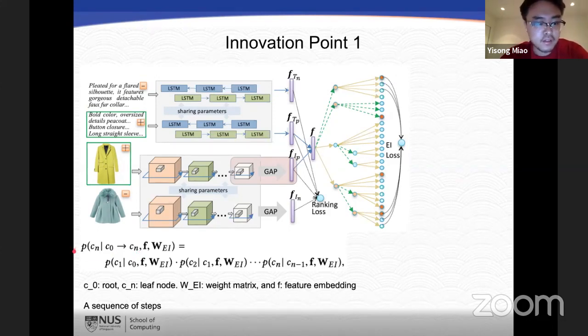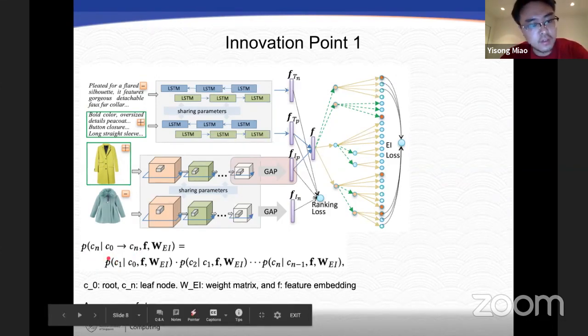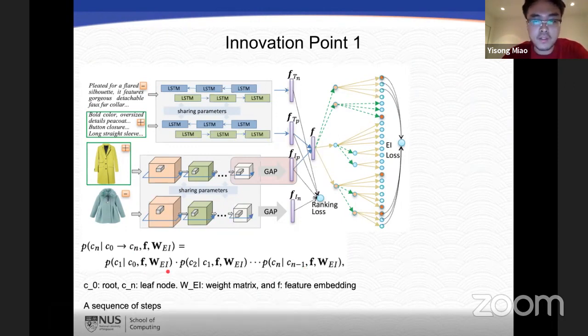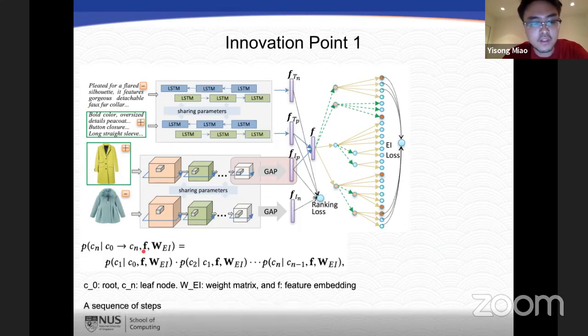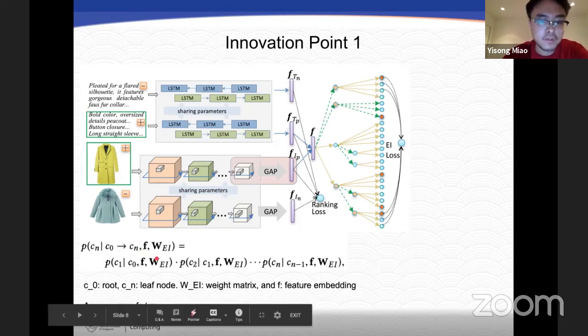The probability of transiting from C0 to CN is factorized into the multiplication of n different steps, right? So they formalize it as a multi-step reasoning problem. F here is the concatenation of both the textual feature and the image feature, and the big W sub EI is the weight matrix of the EI tree.